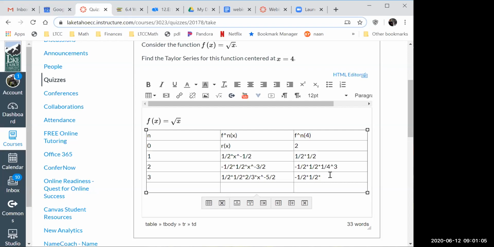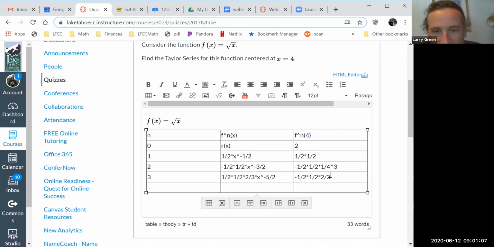Okay. Yeah. Times 1/2 times 2/3, and then times 1/2 to the third actually, and then times 1/2 to the fifth. Okay, let's go to 4.